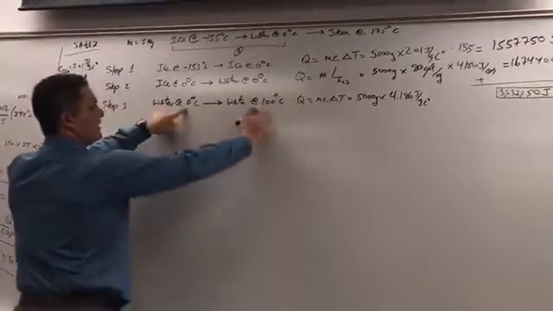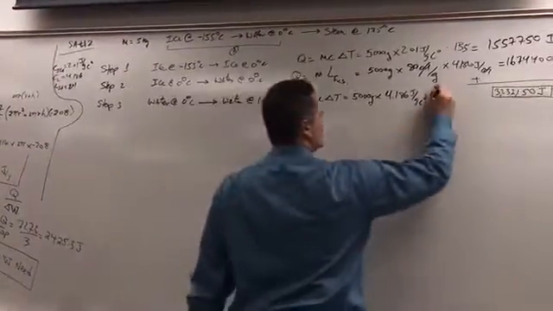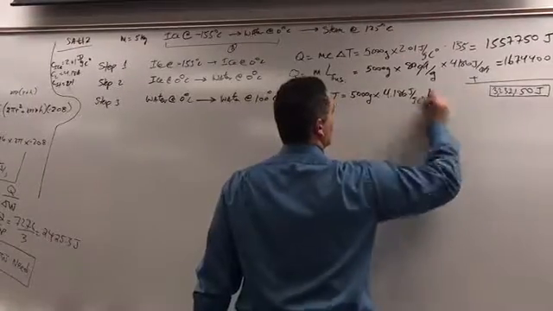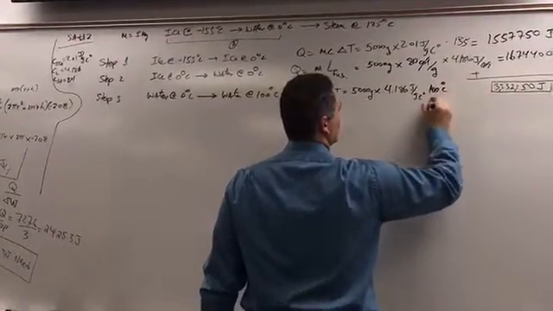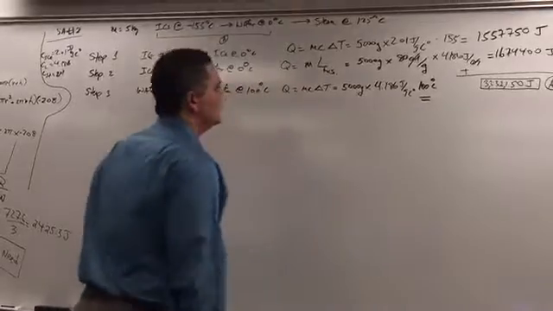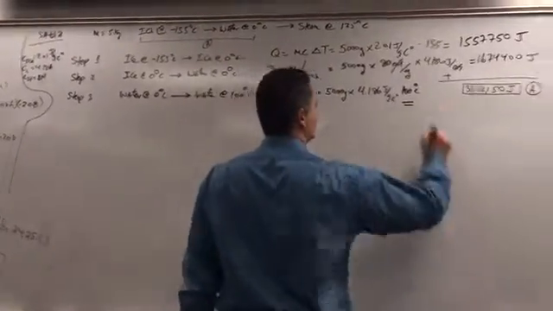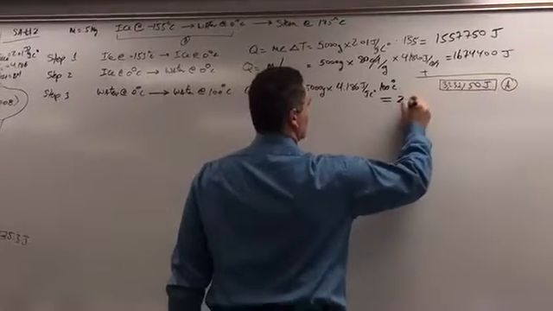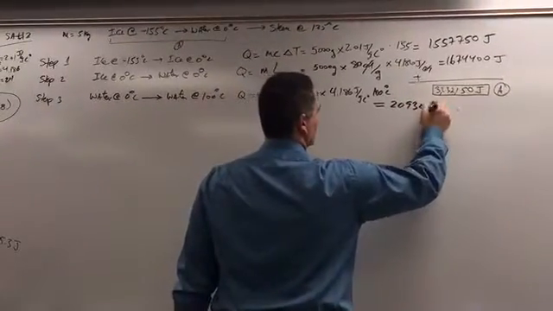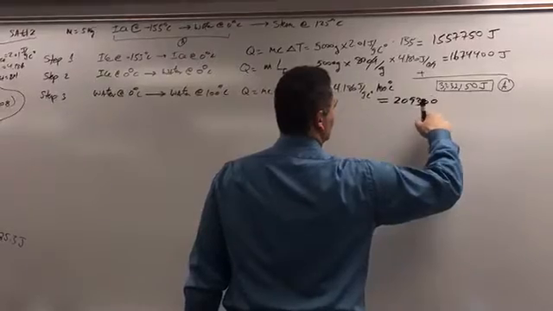We went from 0 degrees to 100 degrees, so the change was 100 degrees Celsius. That gives us 2,093,000 joules.